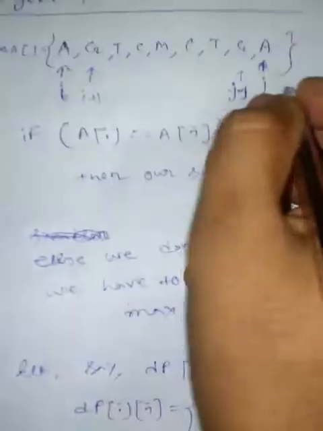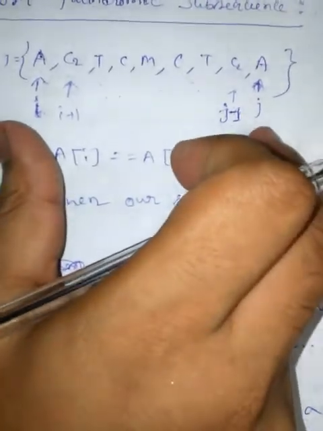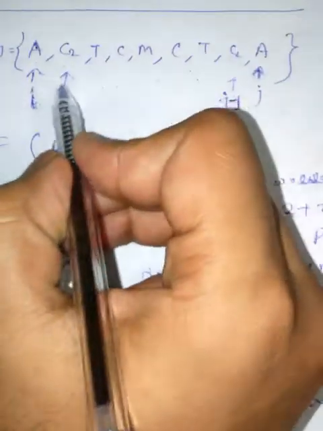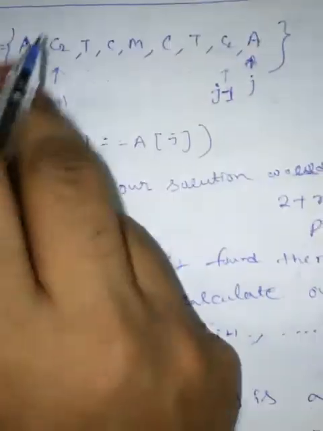If the ith and jth characters are mismatched, then you have to find the maximum length of a substring from i to j minus 1 and i plus 1 to j.